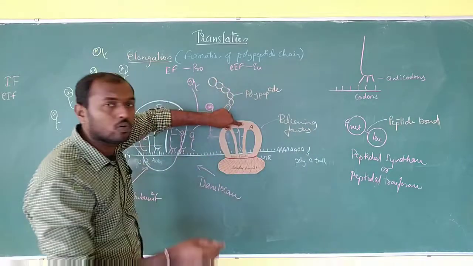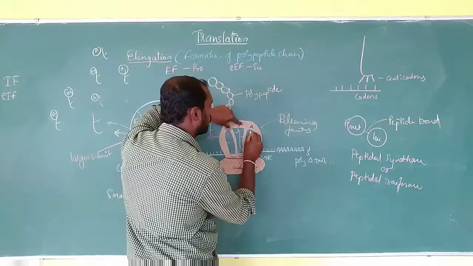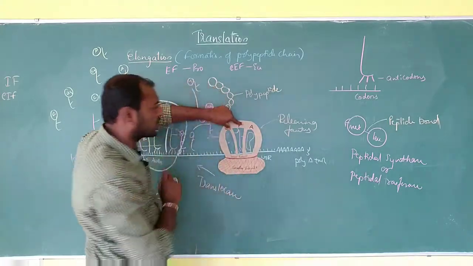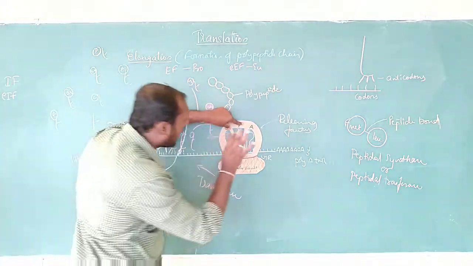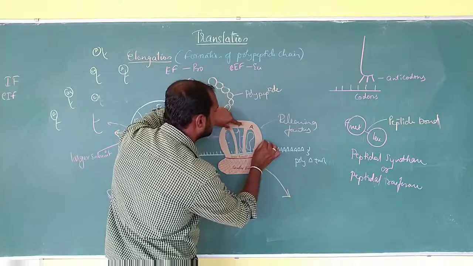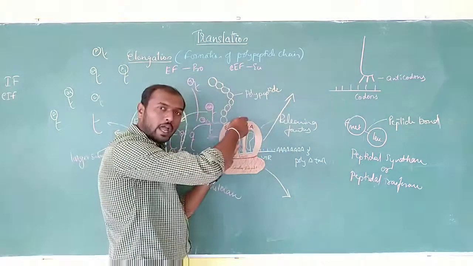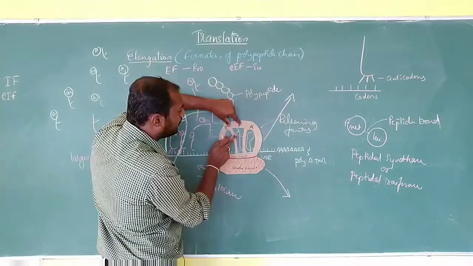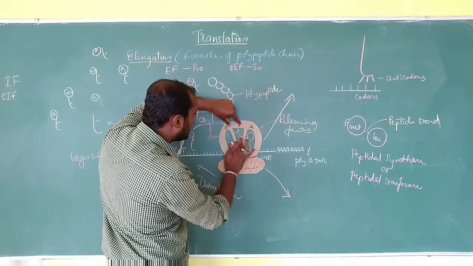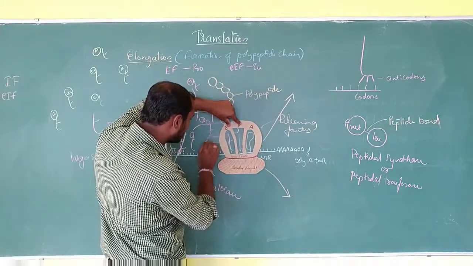The releasing factors are going to act on the ribosome complex, and one releasing factor is going to attach to the A site and they are going to dissociate. This is going to act on the P site tRNA, and that tRNA now reaches the E site and gets released.